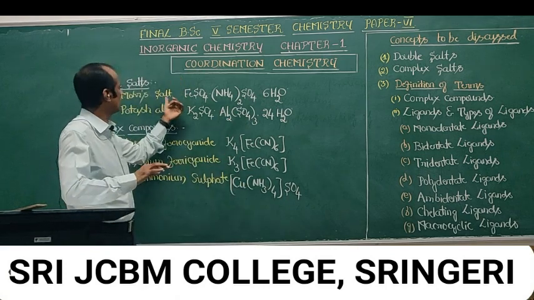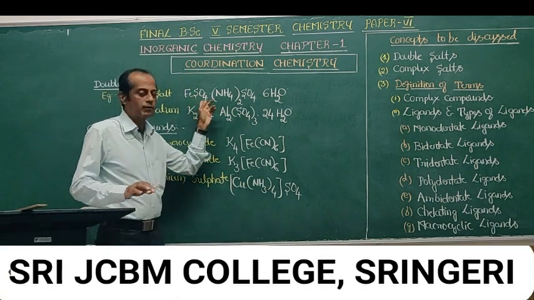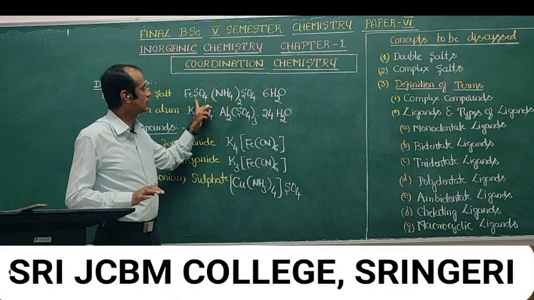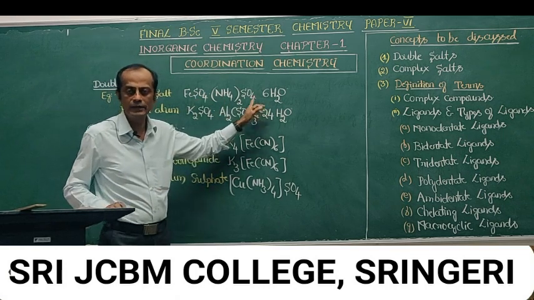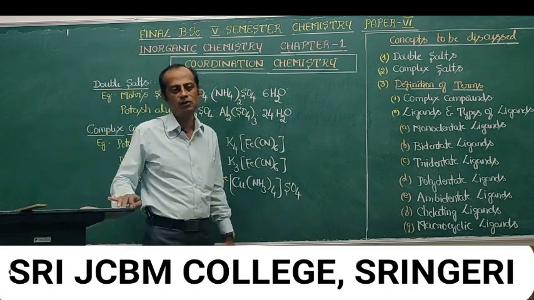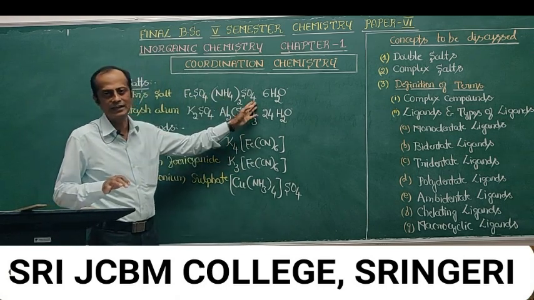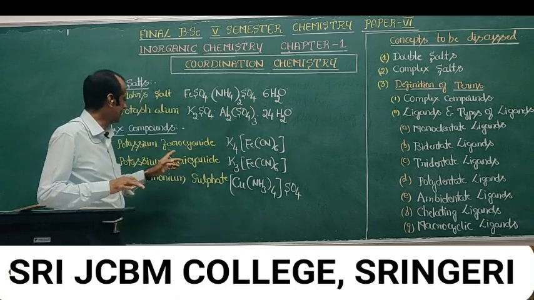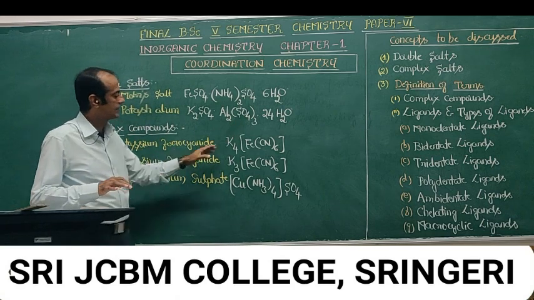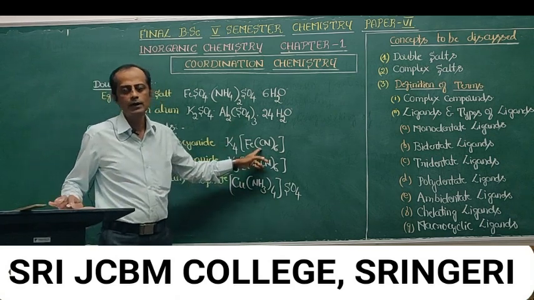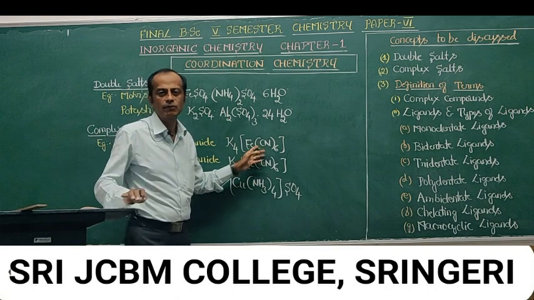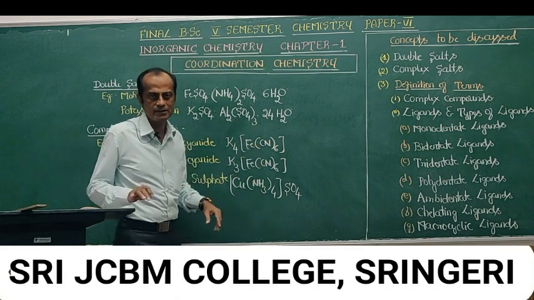In case of Mohr's salt, which is formed by the two simple salts, ferrous sulfate and ammonium sulfate, even after the formation of this Mohr's salt, they retain their original identity. But in case of a complex compound, after the formation of a complex compound, the simple salts lose their original identity. That is the first difference.